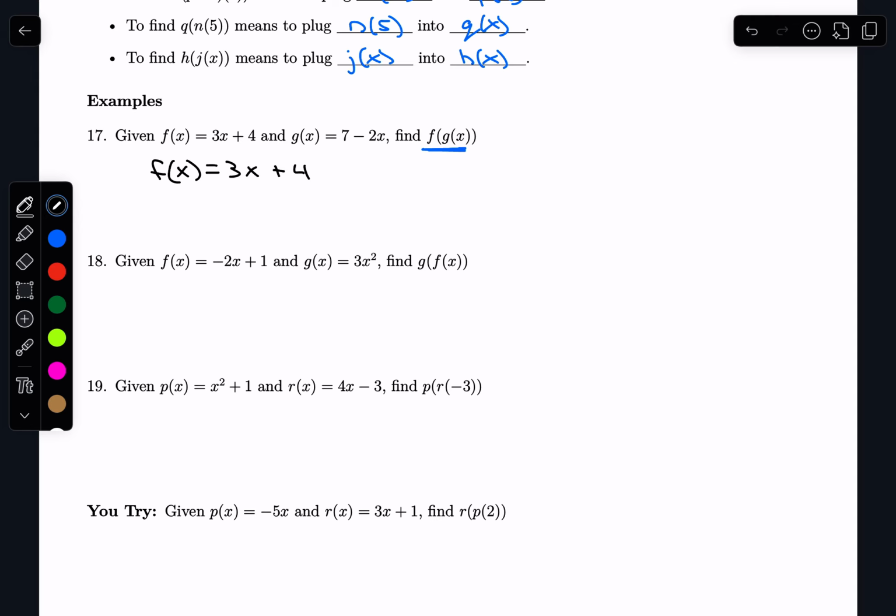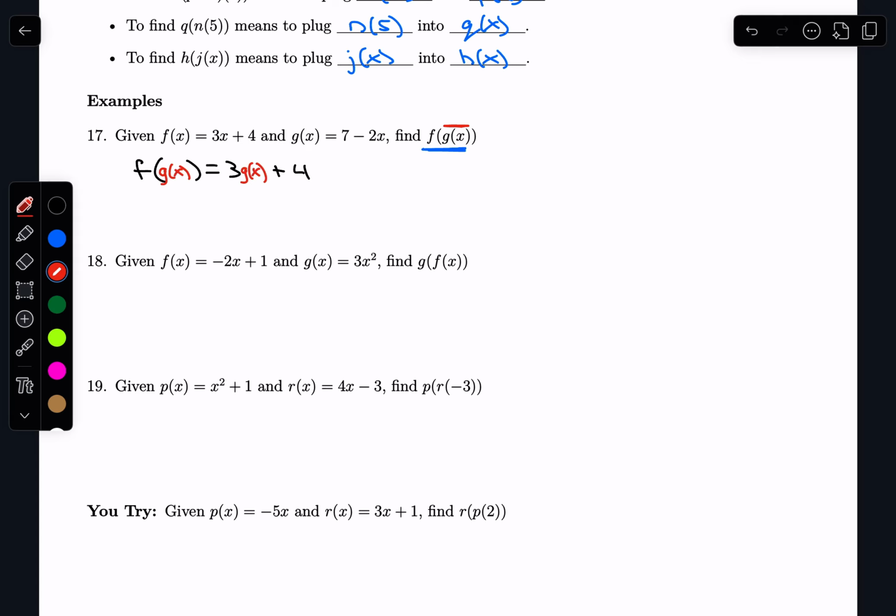But then we don't want f of x, we want f of g of x. So I leave myself a little extra space, and I'm going to replace the letter x with g of x. Instead of that letter x, I'm going to delete it real quick, and write g of x where the x was.